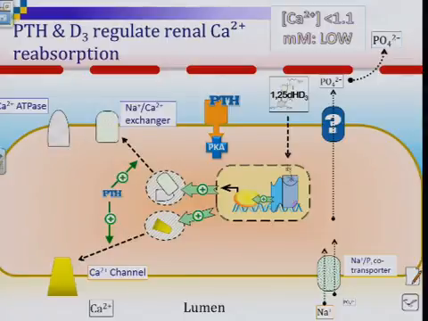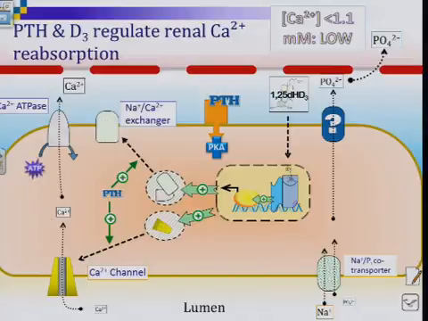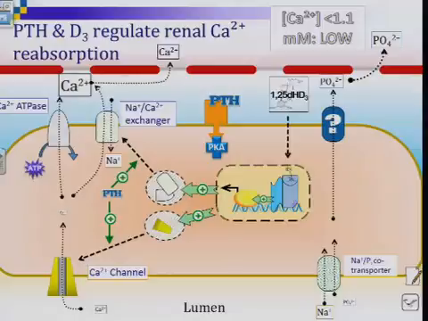So this apical calcium channel then allows calcium to be reabsorbed from the lumen, where it's then pumped or transported out of the cell by either the ATPase or the sodium-calcium exchanger, increasing the calcium in the blood to compensate for the low levels. Now, I've said a couple times that the phosphate's reciprocally regulated with the calcium.